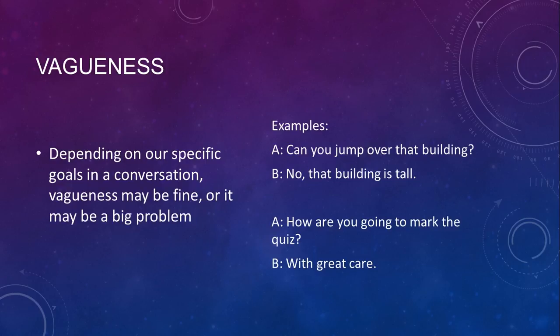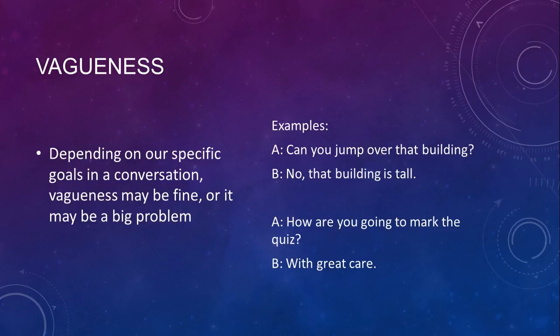This should all be fairly obvious, but I think it's worth laying out in crystal clear terms. Similarly, so how are you going to mark the quiz? With great care. Well, now that's vagueness that you probably would care about, right? That's too vague for you to be satisfied that you know how I'm going to mark the quiz, right?